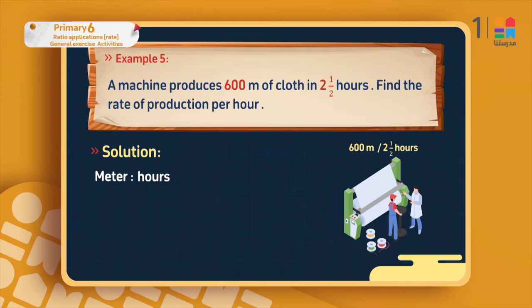I will write 600 under the meters, 2.5 under the hours. I need to find how many meters I will get in every 1 hour. So I will put 1 under the hours and make cross multiplication to find my rate. So my rate will be 600 times 1 divided by 2.5.